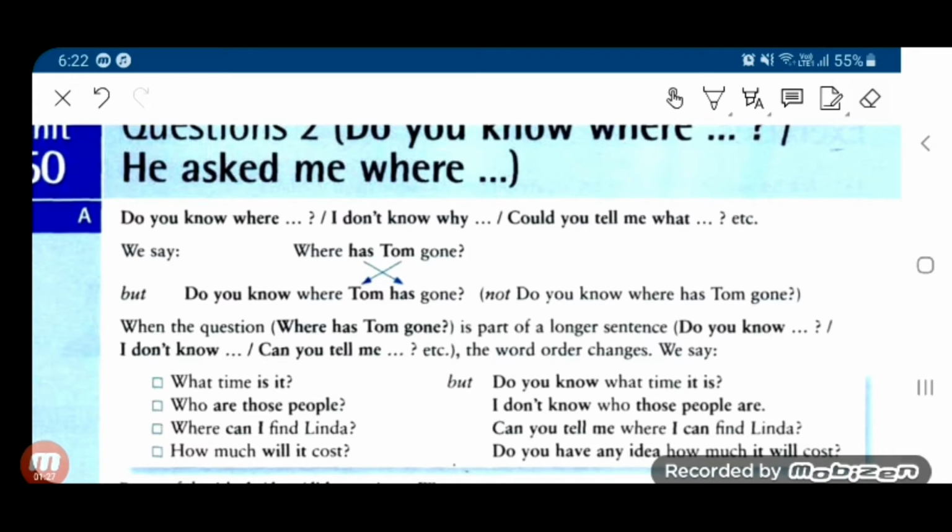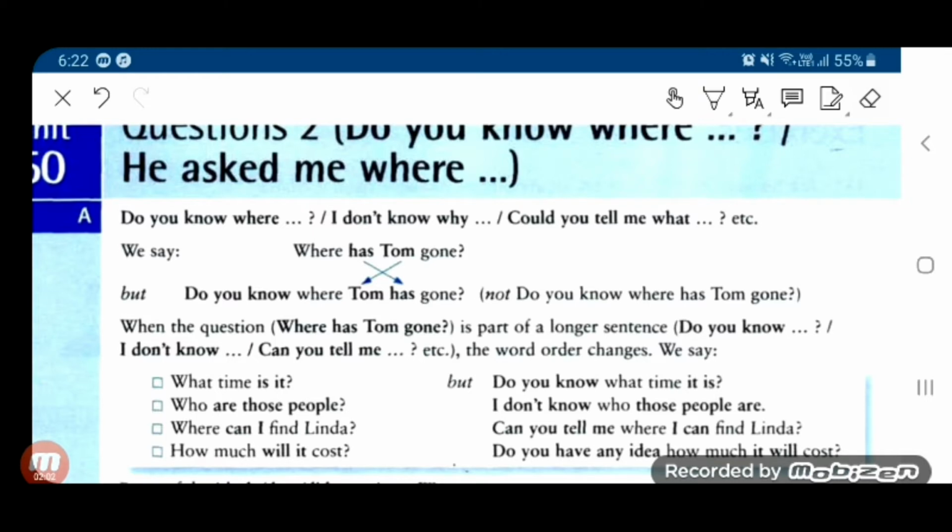So what is the difference between both clauses? As we can see, the subject and helping verb are displaced. In the first example, where has Tom gone, has is the helping verb, Tom is the subject, and then the verb. In the second example, do you know where Tom has gone, Tom is the subject, has is the helping verb, and gone is the main verb.